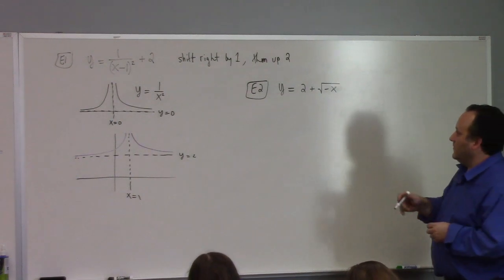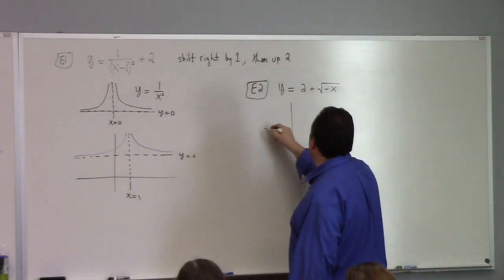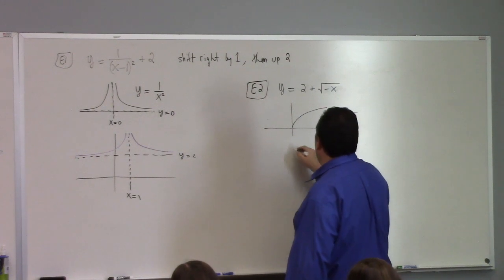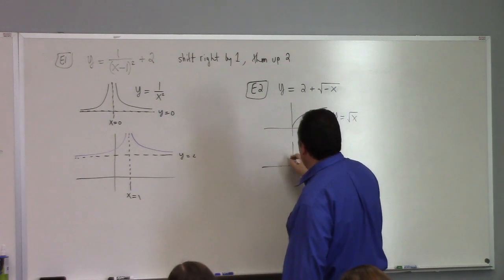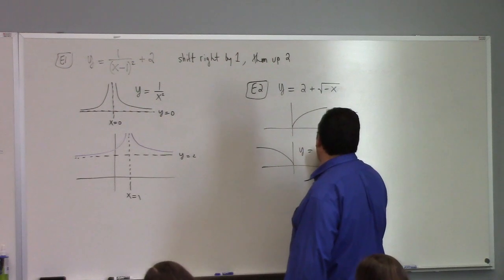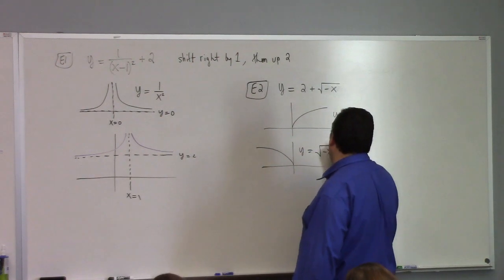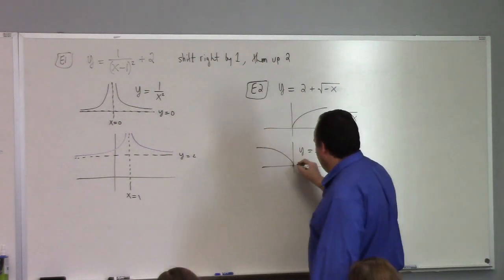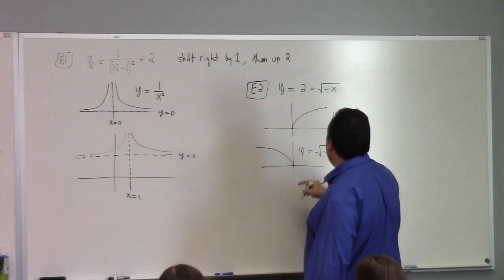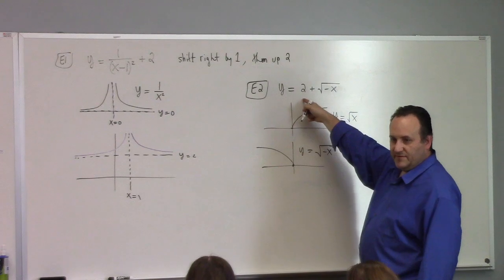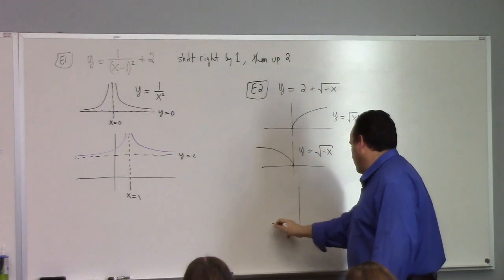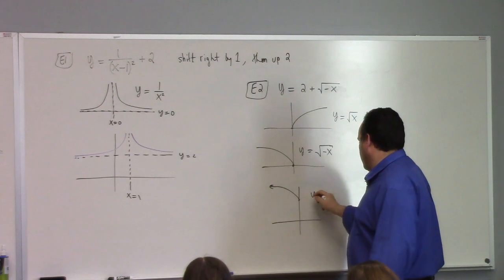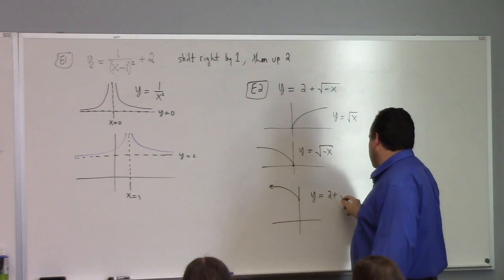So I start with thinking about the square root. And then this is y equals square root of minus x. And then I have a plus 2, so then I shift up by 2. So there you go. That's y equals 2 plus the square root of minus x.